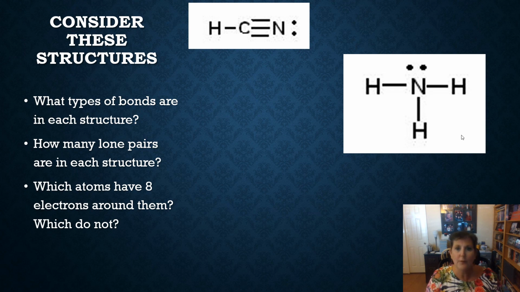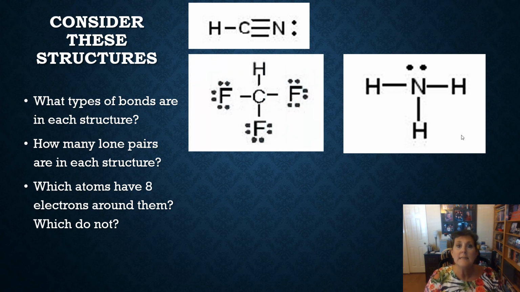New structure, CF3H. What type of bonds are in that molecule? Yeah, single bonds. There's 4 of them, 4 single bonds. How many lone pairs are there? Ooh, there's a bunch. 9. 9 lone pairs around those F fluorine atoms.